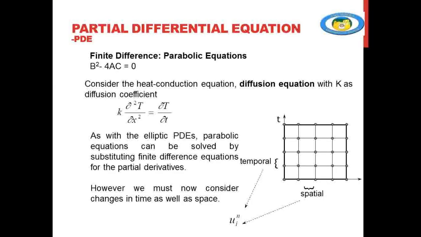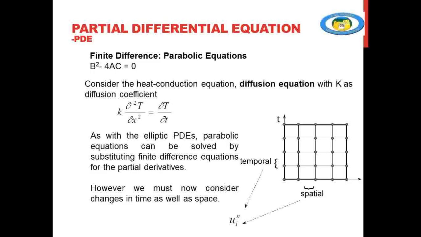So if you consider the heat conduction equation, for example, it is a diffusion problem with K defined as the diffusion coefficient. Here, time is involved: one spatial scale and one temporal scale for the one-dimensional diffusion equation.